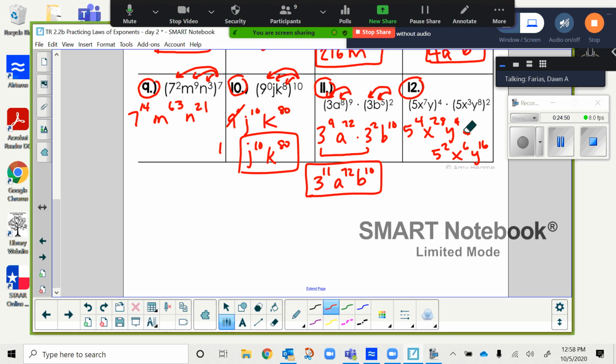And when you multiply the 5 bases together, you add their exponents and get 6. When you add the exponents on the x's, you get 34. And on the y's, you get 20. And you don't have to do 5 to the 6. It's not really a bad number, but I'll leave that one up to you.